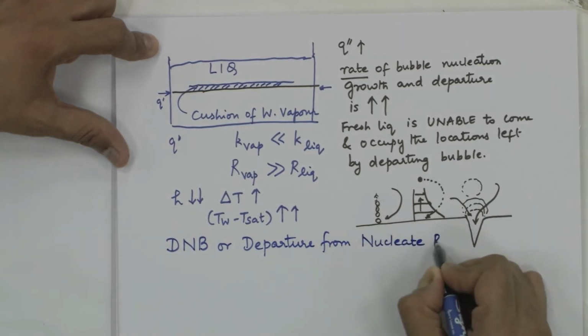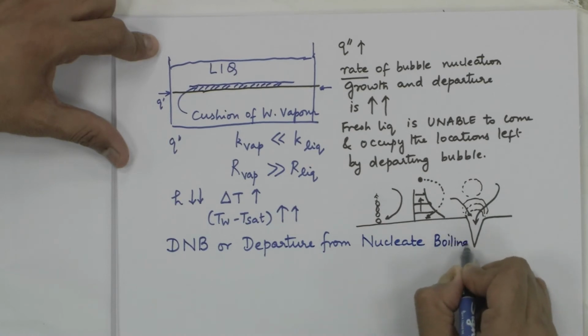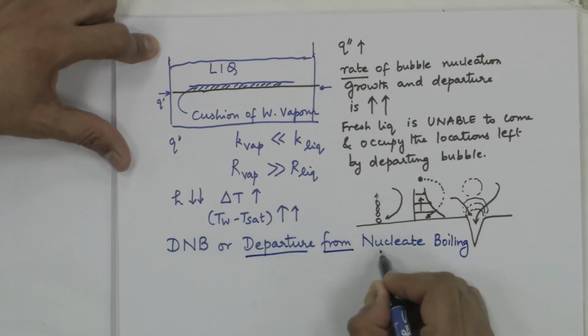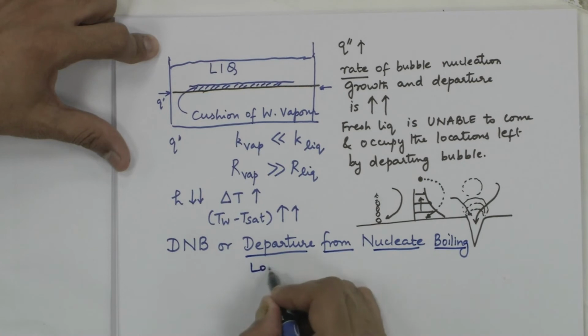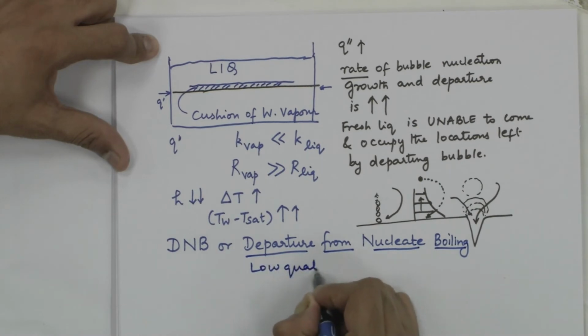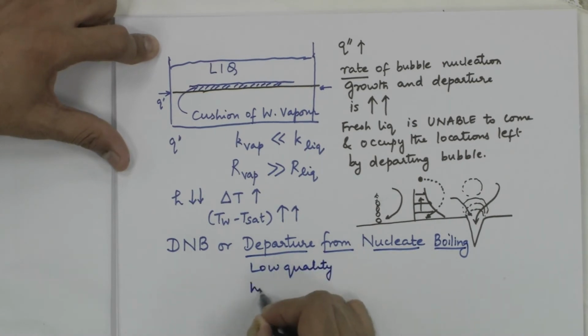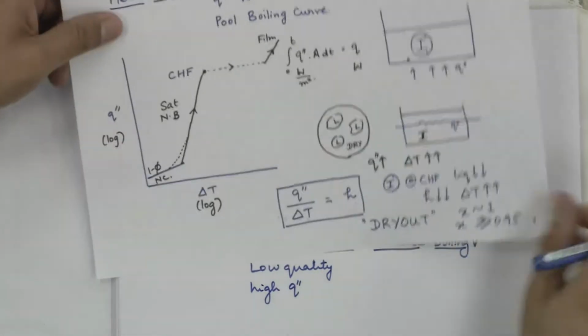This is very, very important, because this is what occurs at low quality, high heat flux situations. Dosa, that is the example you need to remember.